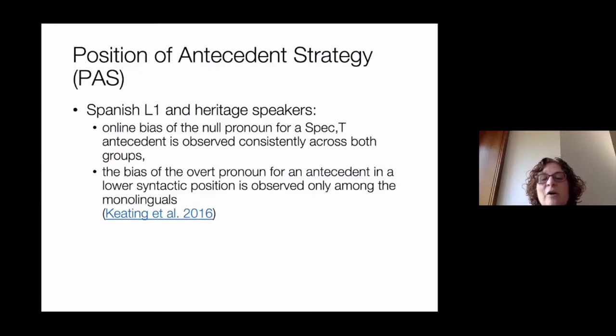But the bias of interpreting the overt pronoun as a non-subject is only found in monolinguals. In other words, heritage speakers try to interpret any pronoun, be that null or overt, as referring back to the subject, which goes back to this idea that the subject position is more salient, more accessible to syntactic computation. And they basically don't bother to look anywhere further down in the structure.